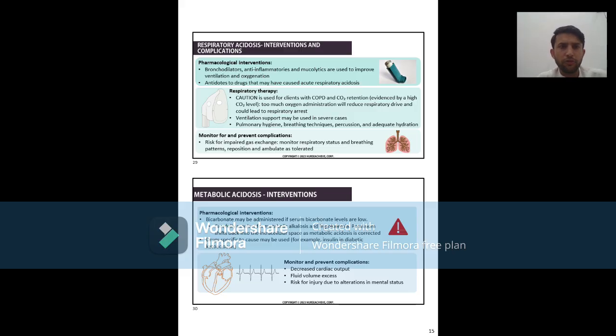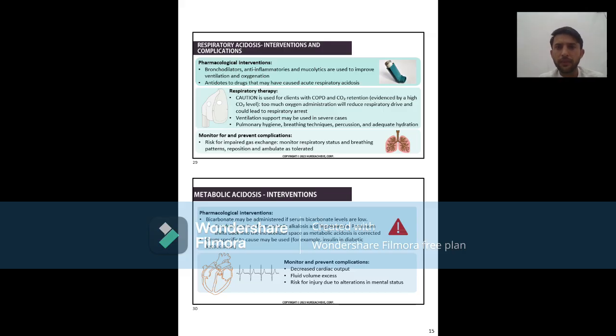Pharmacological intervention: we give the patient bronchodilators, anti-inflammatory drugs, and mucolytic drugs to improve ventilation and oxygenation, and antidotes for drugs that may cause acute respiratory acidosis. In respiratory therapy, we have to take care in certain conditions such as COPD.